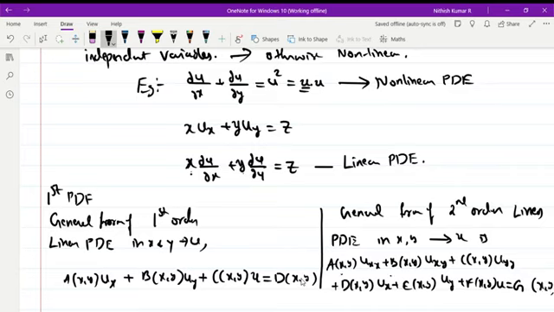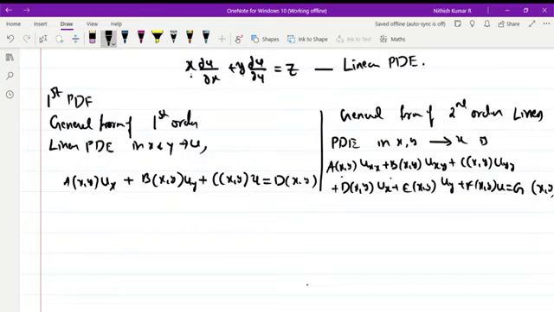If you observe, all the coefficients depend only on the independent variables, therefore these are linear partial differential equations.